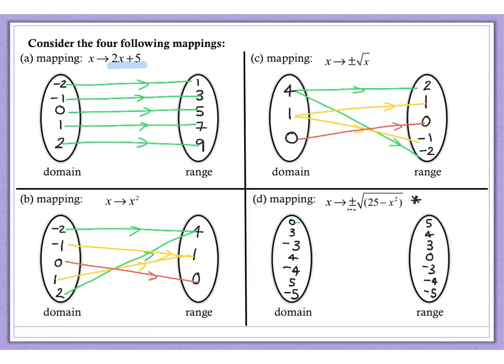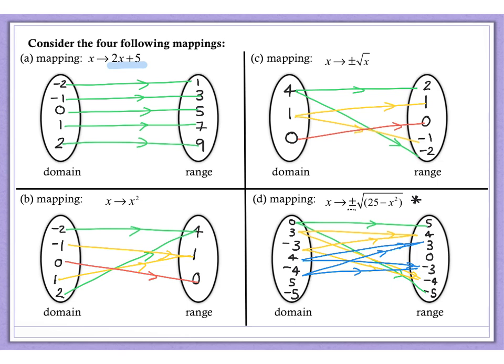So 0 is mapped to 5 and to -5. 3 is mapped to 4 and to -4. And -3 is also mapped to 4 and -4. 4 is mapped to 3 and -3, as is -4.